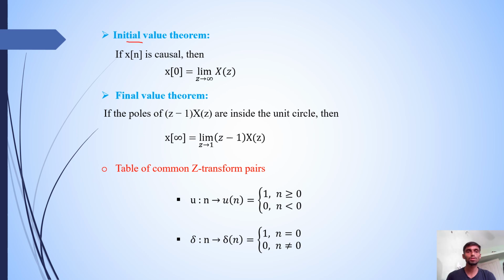Here is the initial value theorem: if x of n is causal, then x of 0 is equal to the limit as z tends to infinity of X of z. And the final value theorem: if the poles of z minus 1 times X of z are inside the unit circle, then x of infinity is equal to the limit as z tends to 1 of z minus 1 times X of z.